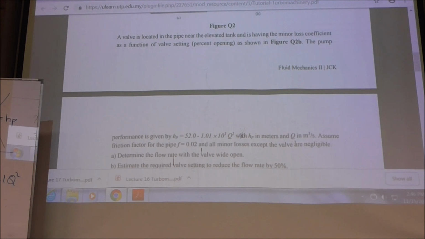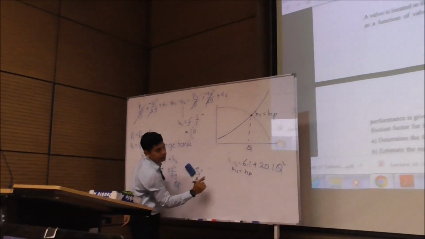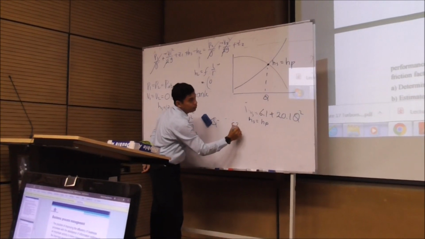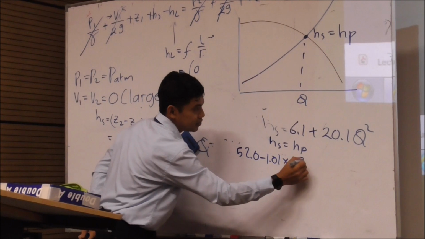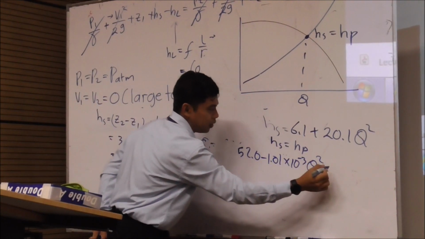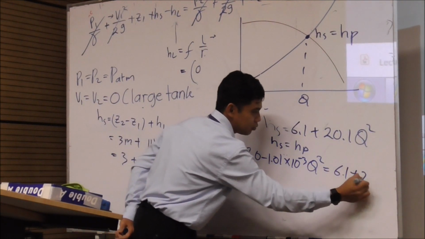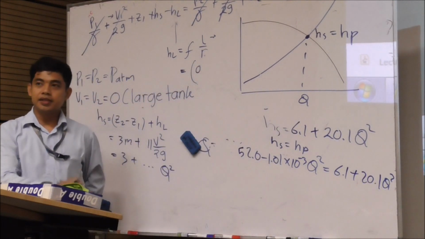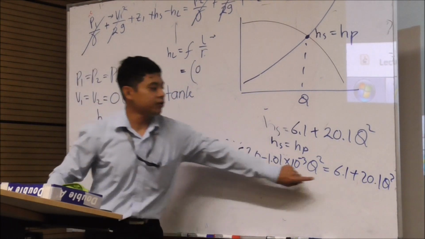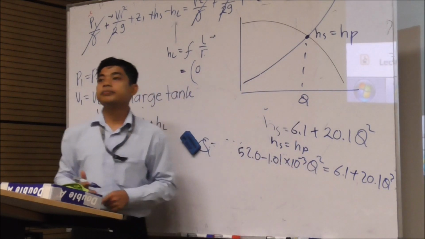In this case, if you need to use this pump for these particular cases, this is your H system, 6.1 plus that. So you just put the pump equation, 52.01 minus 17 times 10 to the power of minus 3 Q squared, equal to 6.1 plus 20.1 Q squared. As simple as that. You just equate this, equate that.